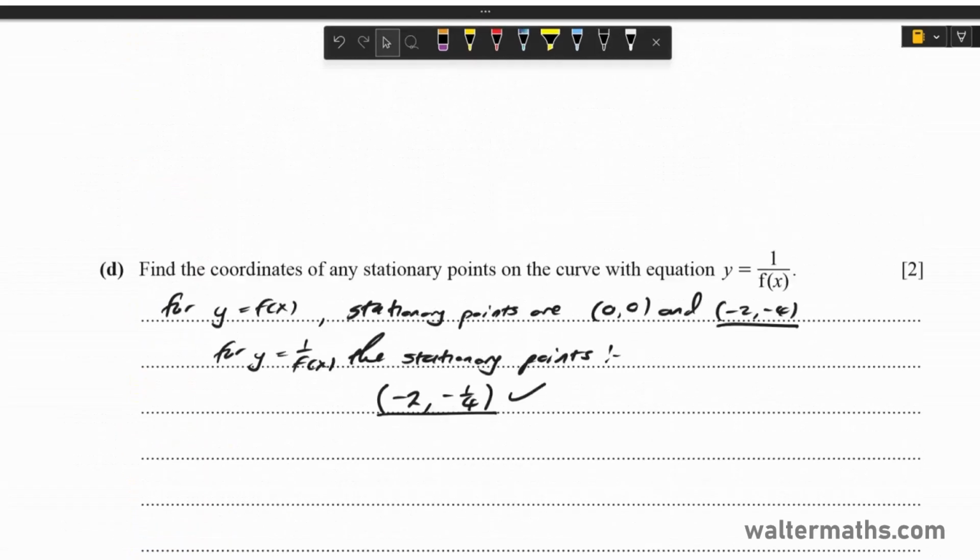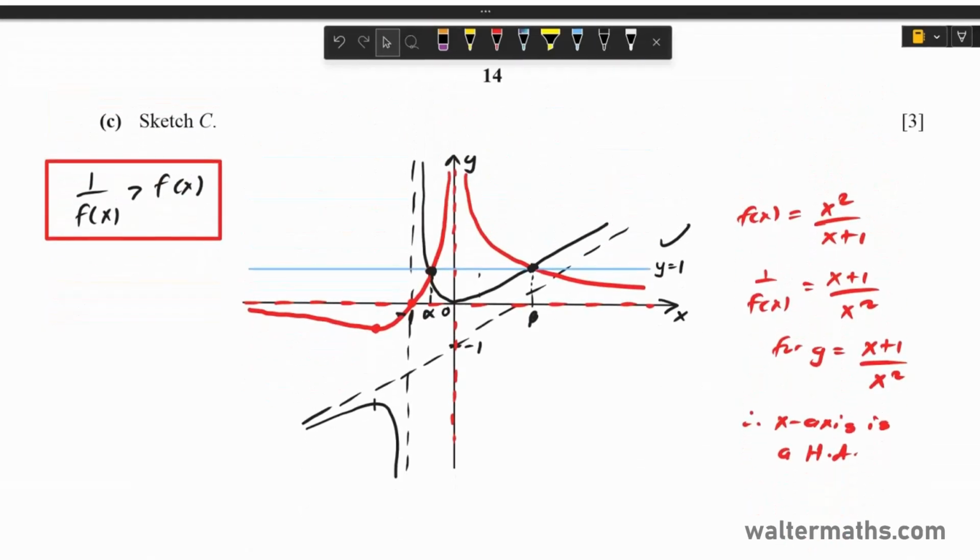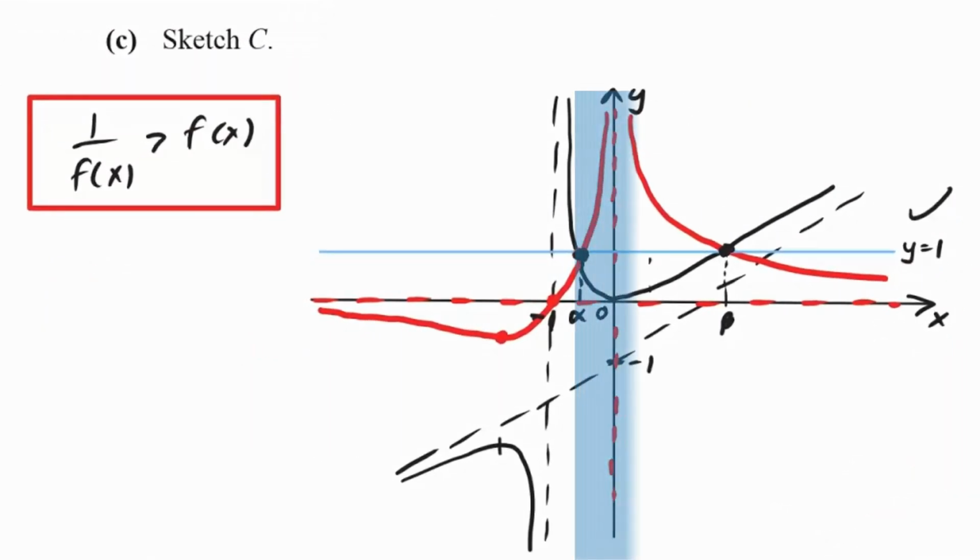Next, we look at values that are between alpha and beta, excluding x equal to 0. You can see that for these values, the graph in red is vertically above the graph in black.